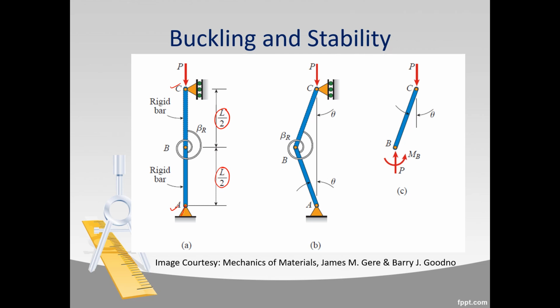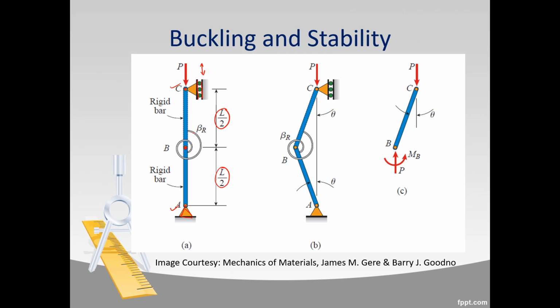A is pin connected here at one end, and there is the roller at the other end. This means this joint C can move in the vertical direction. And also, these two parts AB and BC are connected at the center by another pin joint.